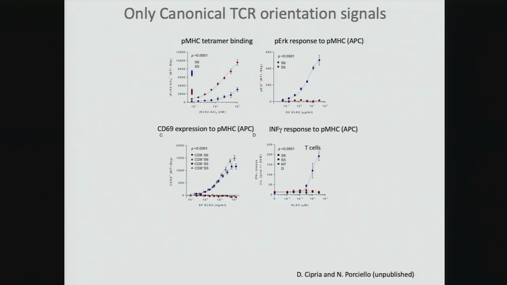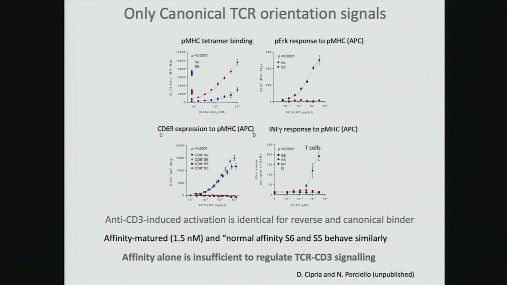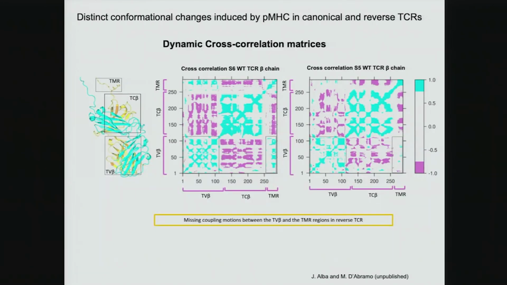This means that probably the conformational change, which starts from the alpha V beta binding and is then transmitted to the constant regions, mostly beta, we know that, is initially not the same. And maybe this means that something cannot happen downstream. Okay, so this is the analysis that has been done.